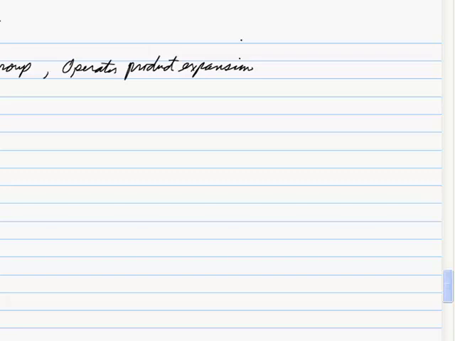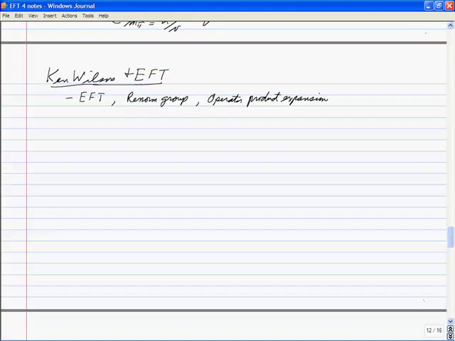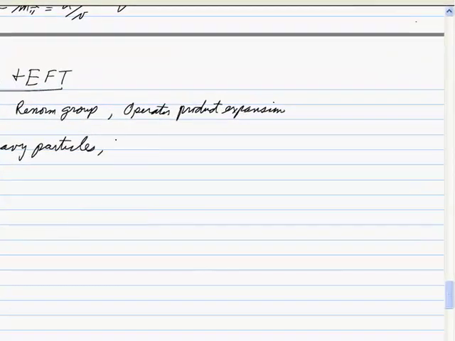The logic of these are all tied together, and this is the part that's somewhat subtle and gets abused in the literature an awful lot. So let's see if we can try to get straightened out on it. Basically, in Wilson's use, he's not only integrating out heavy fields, heavy particles, but also the high energy parts of light particles.